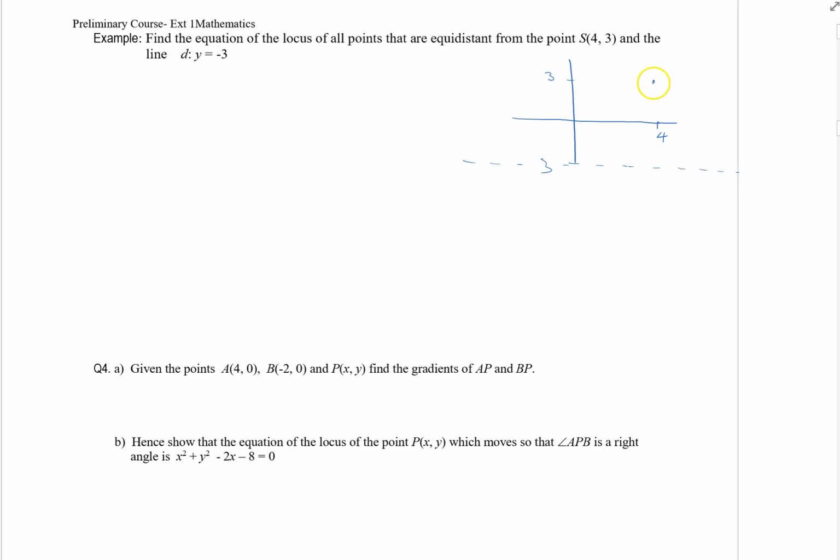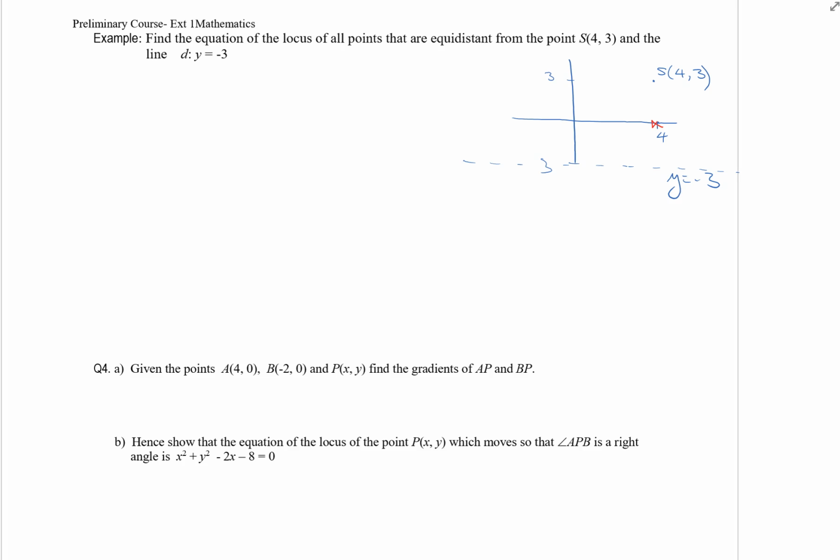And I've got to get a point that's equidistant. So I think we can see that there's a point that's equidistant between S, which was (4, 3), and the line y equals -3. So, nicely equidistant, halfway between.